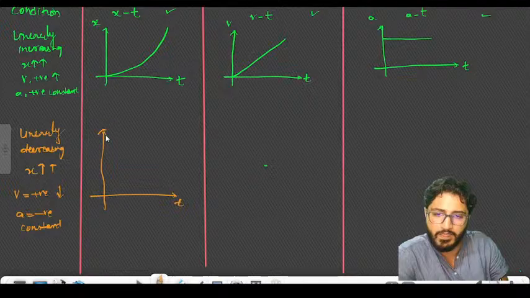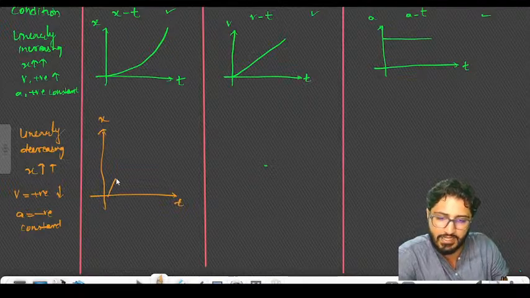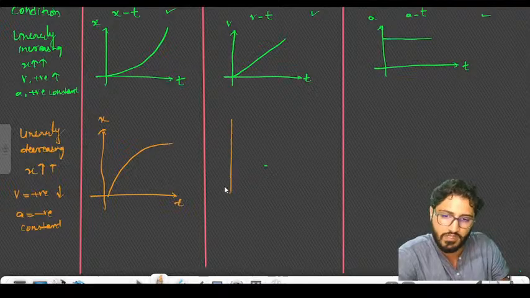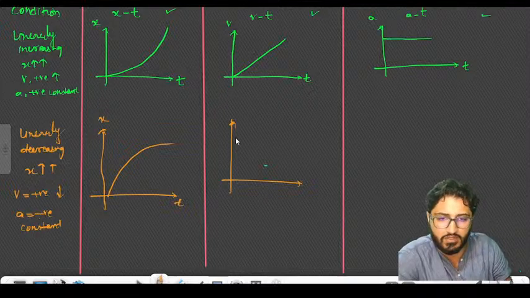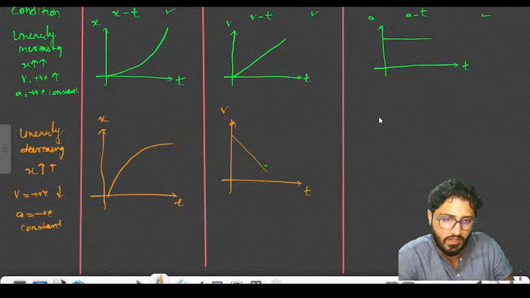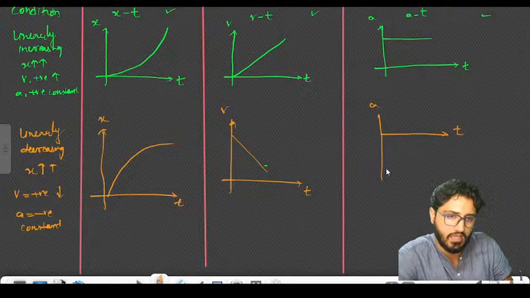T, X increasing, V is positive, decreasing. I guess that graph is like this. Velocity positive, A is negative. I guess that is like this way, TV, and A is negative. This is T, A. This is my minus A.